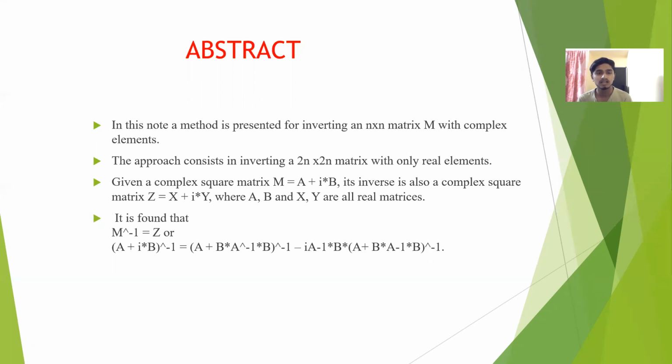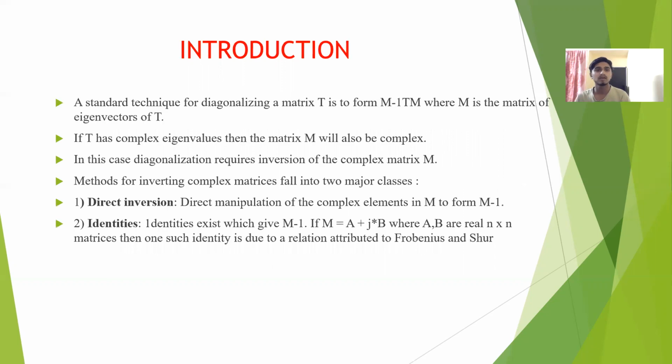It is found that M to the power of minus 1 is equal to Z, or (A plus iB) to the power of minus 1 is equal to (A plus B A power minus 1 B) whole power minus 1 minus i A power minus 1 B (A plus B A power minus 1 B) whole power of minus 1.